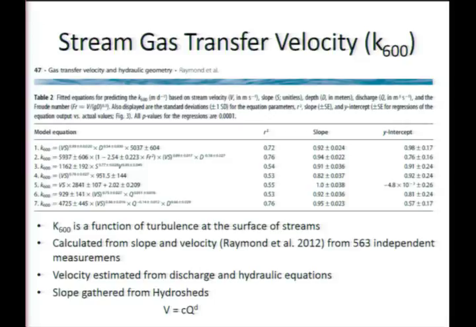And we know in the oceans, right, the gas transfer velocity is controlled by wind over the surface. In streams and rivers, this really isn't the case. Turbulence is generated by water flowing over the bottom, or perhaps the sinuosity of rivers creating shear on the sides. And so we had to do this meta-analysis basically to look for controls of the gas transfer velocity.